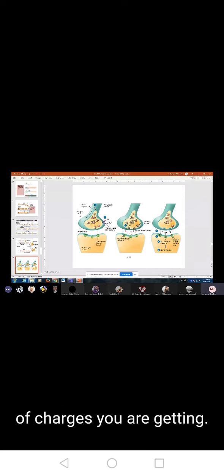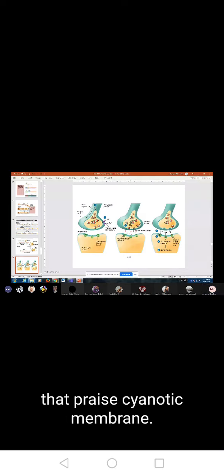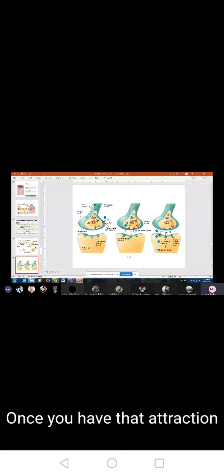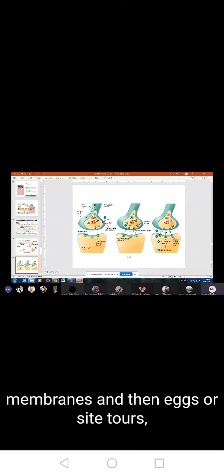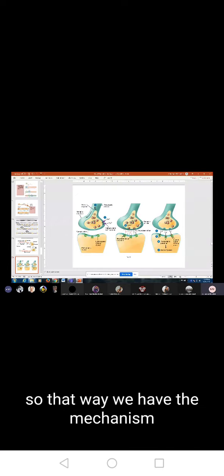By neutralization of charges, you get attraction between the vesicles and the presynaptic membrane. Once you have that attraction, you get fusion of the two membranes and then exocytosis. So in that way, we have the mechanism of exocytosis.